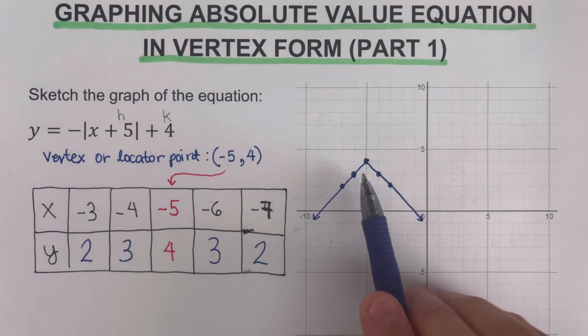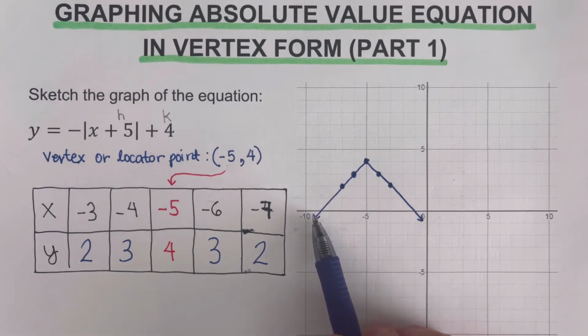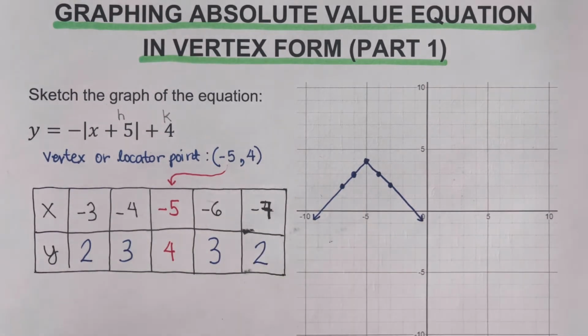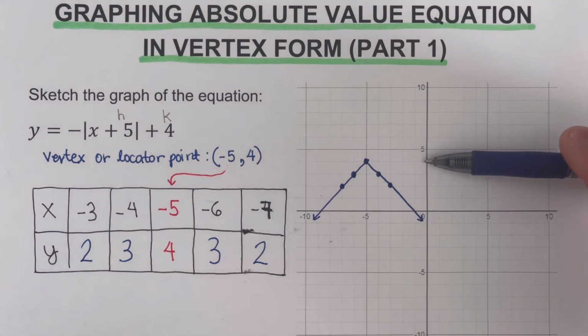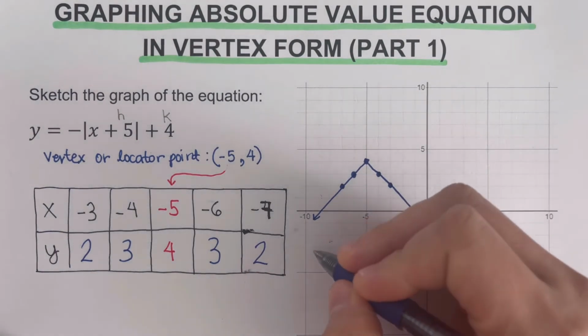Since this end of the graph goes to the negative infinity on the x-axis, and this one goes to the positive infinity on the x-axis, therefore the domain would be all real numbers. On the other hand, the range here would be all values of y which is less than or equal to 4. So I'm going to go ahead and write that information up here.